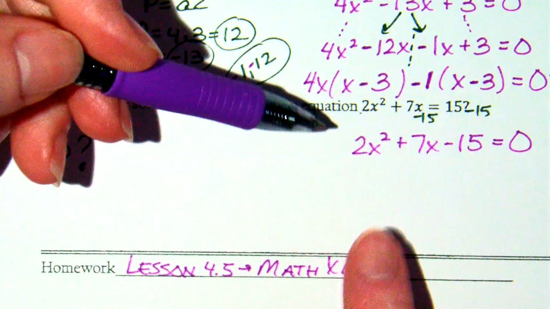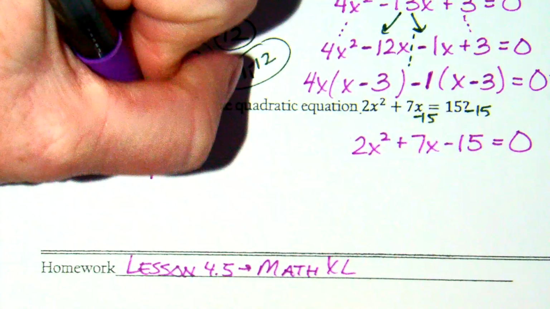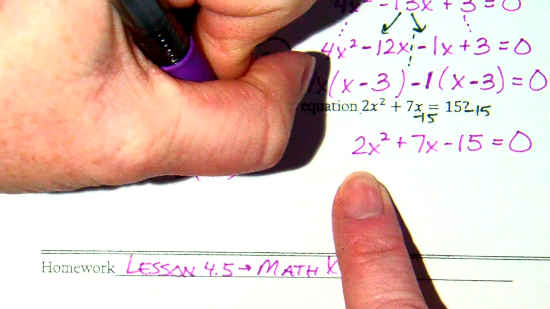So there is an A value. There is a number in front of x squared, so we're going to talk product of AC. So I'm going to do product of 2 times negative 15. So product of negative 30 and a sum of 7.